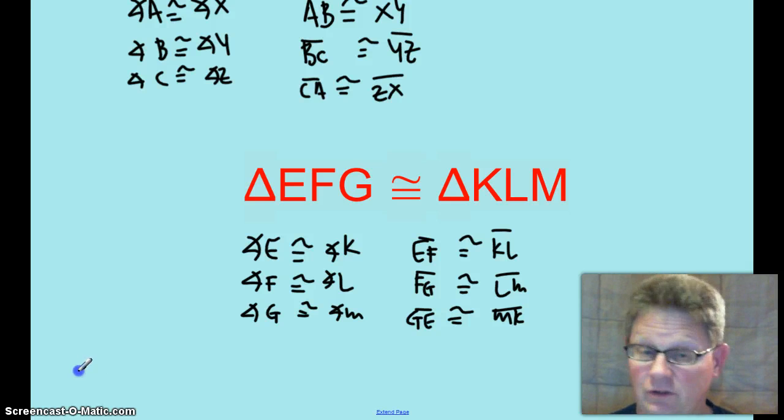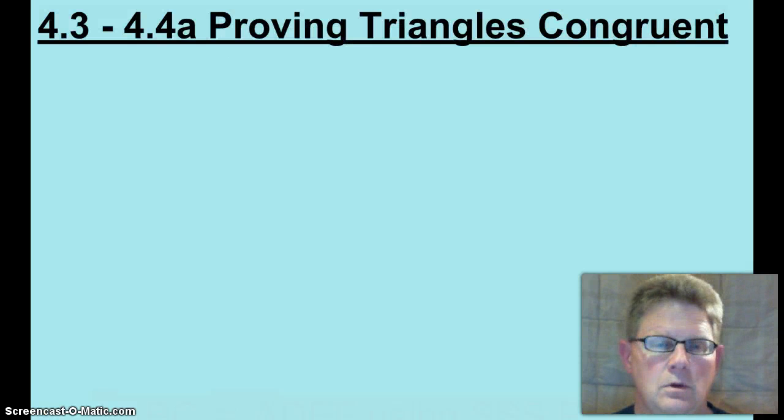Since it is such a small section, we will now move on to section 4.3 and the first part of 4.4. Sections 4.3 and 4.4a are ways to prove that triangles are congruent.